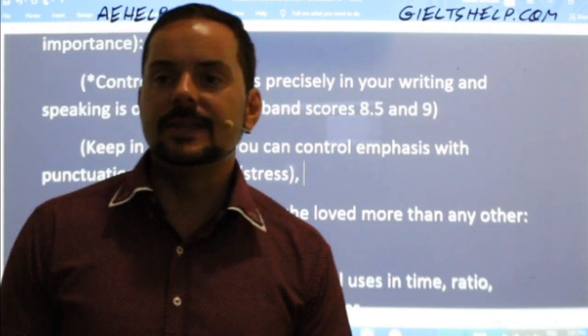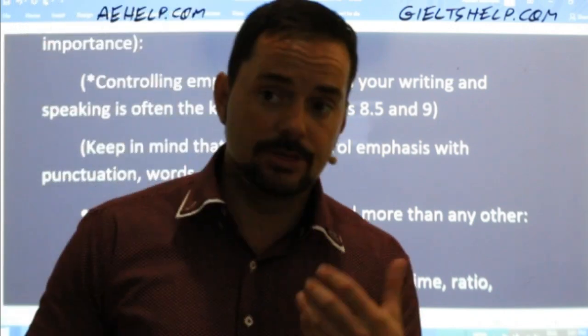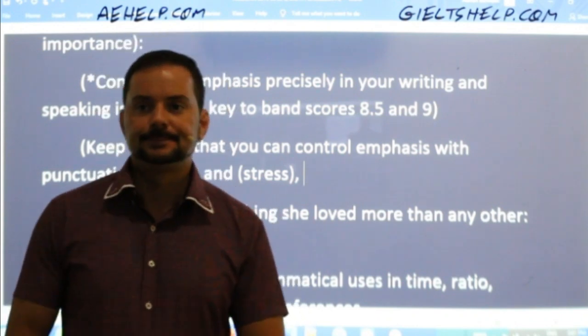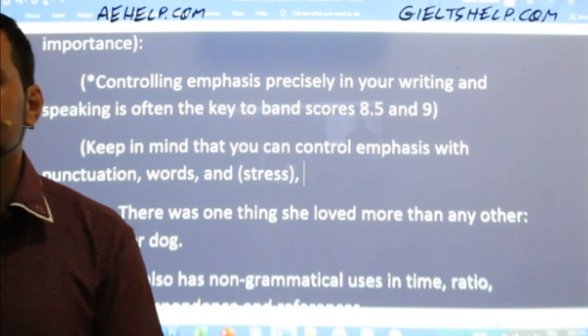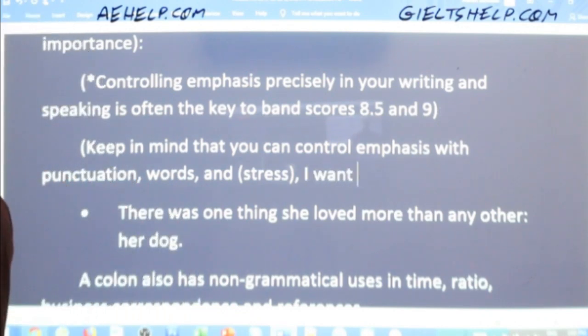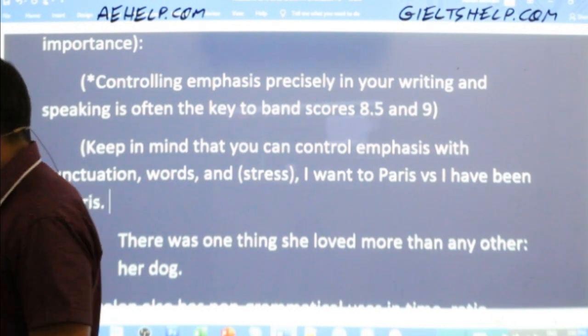So what is the third way where you control emphasis in both speaking and writing? There is one more. Okay, maybe I'll give you a hint. Whoop, not I want.